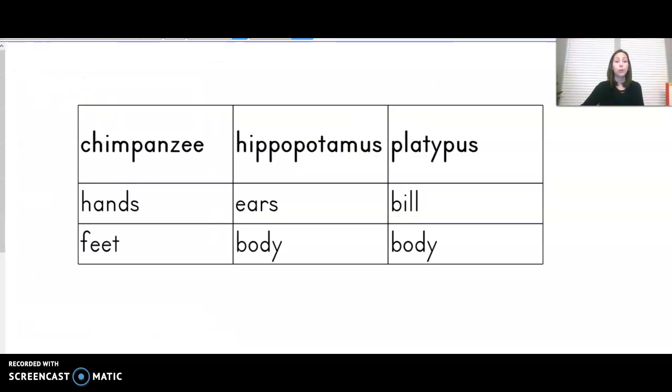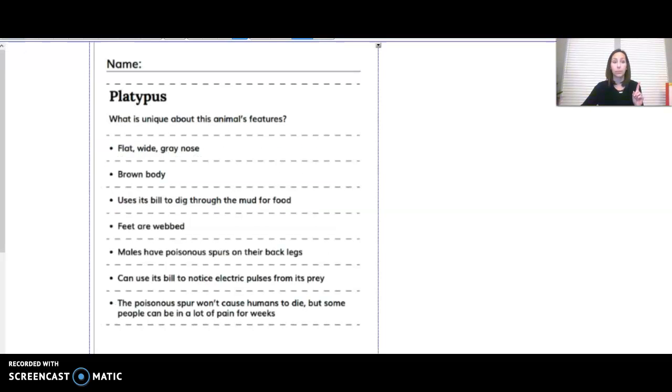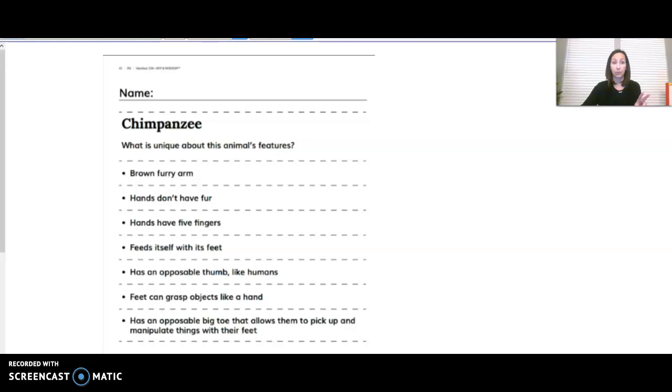The first step is to think about what animal you would like to write about. The choices are a hippopotamus, a platypus, or a chimpanzee. Think about that in your head for a moment.